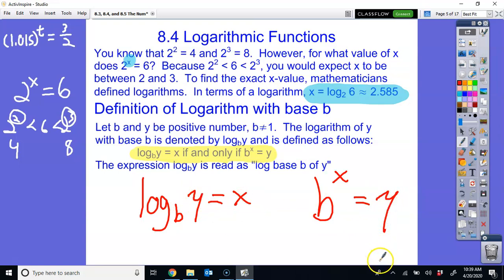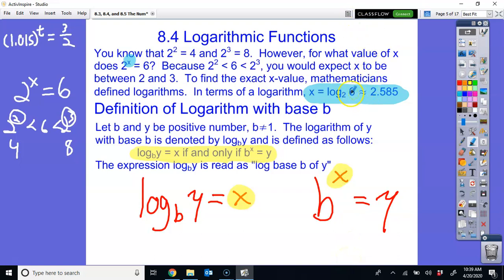And what that means, guys, is that when you get an answer to a logarithm, it's telling you the exponent that you put on the base to get the y.